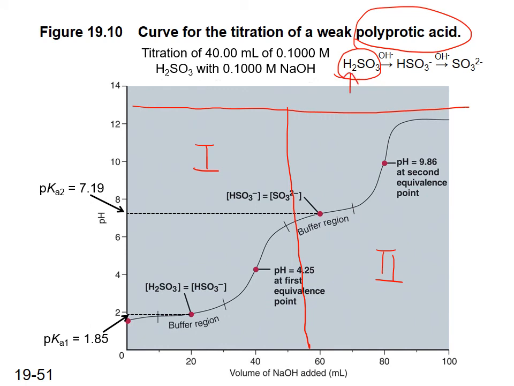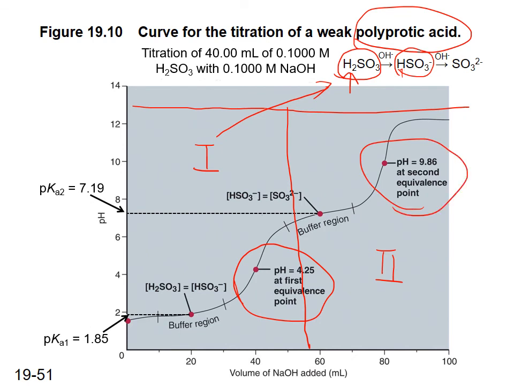The left side is the titration of the first hydrogen to form the hydrogen sulfite ion. Because the hydrogen sulfite ion still has one hydrogen, it's still acidic, and the equivalence point is at pH 4.25. The second titration curve contains a second equivalence point which has a pH of 9.86 because the formed ion is the sulfite ion, which is basic.